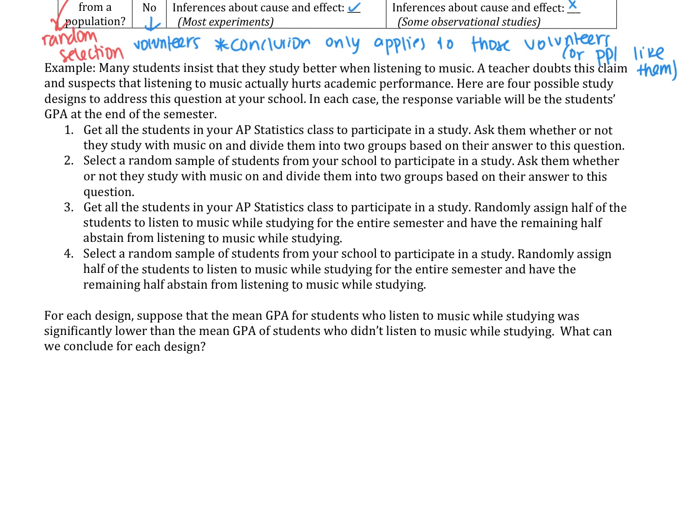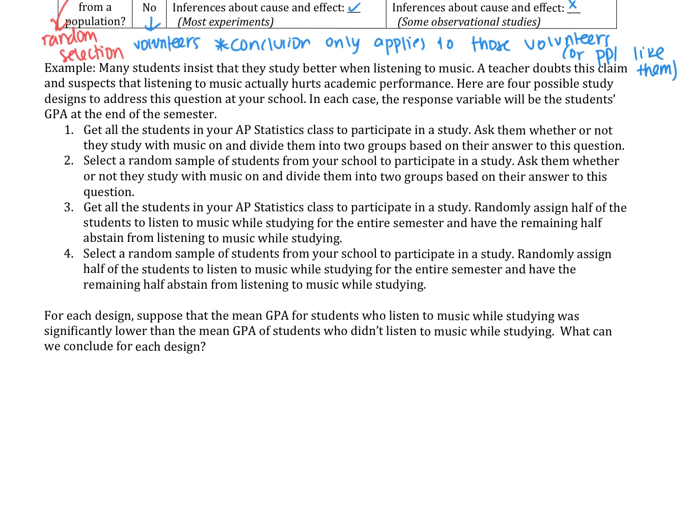Okay, so here's the example. Many students insist that they study better when listening to music. A teacher doubts this claim and suspects that listening to music actually hurts academic performance. Here are 4 possible study designs to address this question at your school. In each case, the response variable will be the student's GPA at the end of the semester. Before we read those, this is what we're answering.